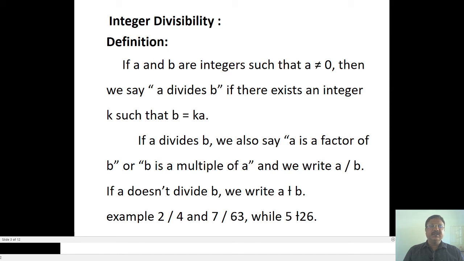Example, 2 divides 4 because 4 can be written as 2 into 2, and 7 divides 63 because we can write 63 is equal to 9 into 7, where 9 is the integer k. While 5 does not divide 26 because we can't write 26 as something into 5, meaning there does not exist any integer of the form k.